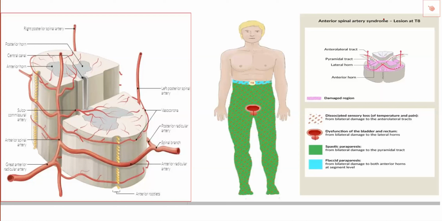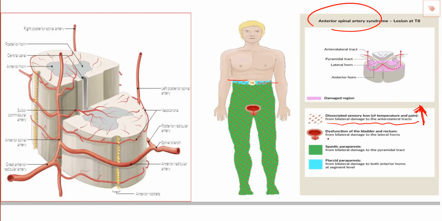Okay, so in anterior spinal artery syndrome, we will find affection of the following. Below this lesion, we will find sensory loss of pain and temperature from bilateral damage of the anterolateral tracts, the ascending sensory tracts like spinothalamic tracts, anterior and lateral spinothalamic tracts, which carry pain and temperature, and ventral for light touch.